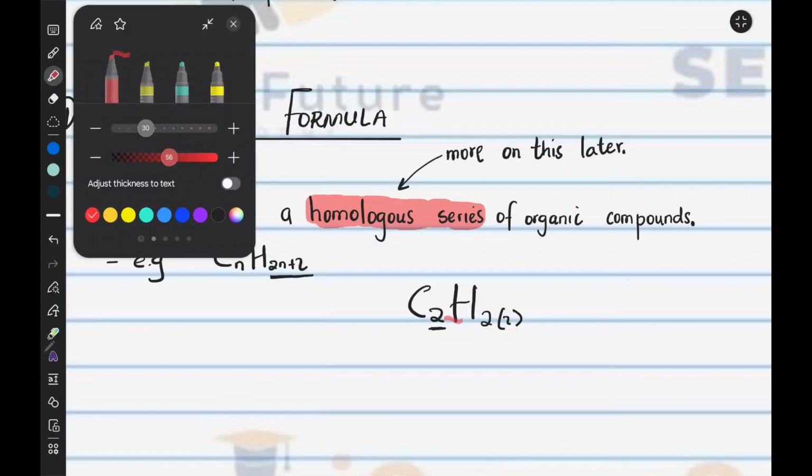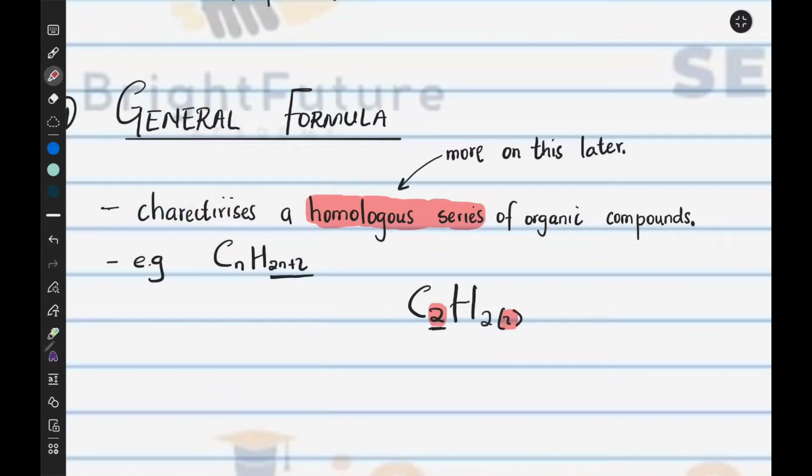plus 2. So what happens is all alkanes follow this general formula. If I'm looking for an alkane that has 3 carbon atoms, or 6, 7, and so on carbon atoms, I can always use this formula to know how many hydrogen atoms it will have, or vice versa. If it has 10 hydrogen atoms, how many carbon atoms will it have, and so on, right?